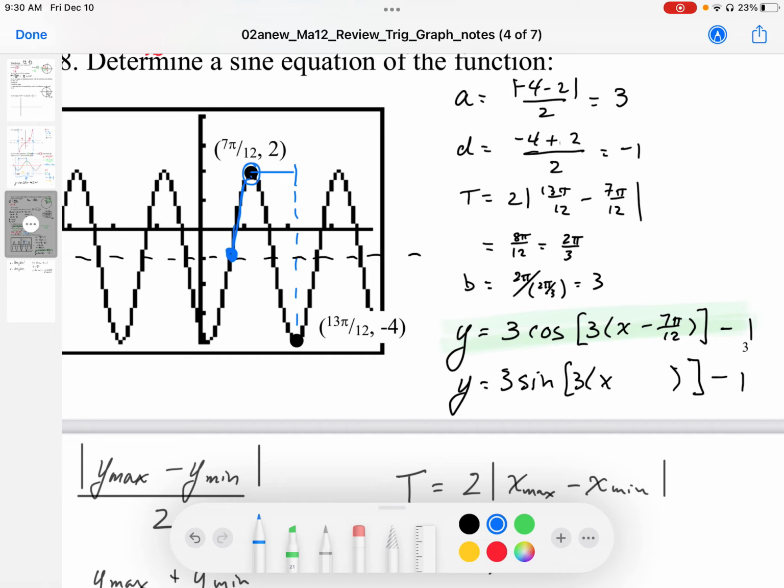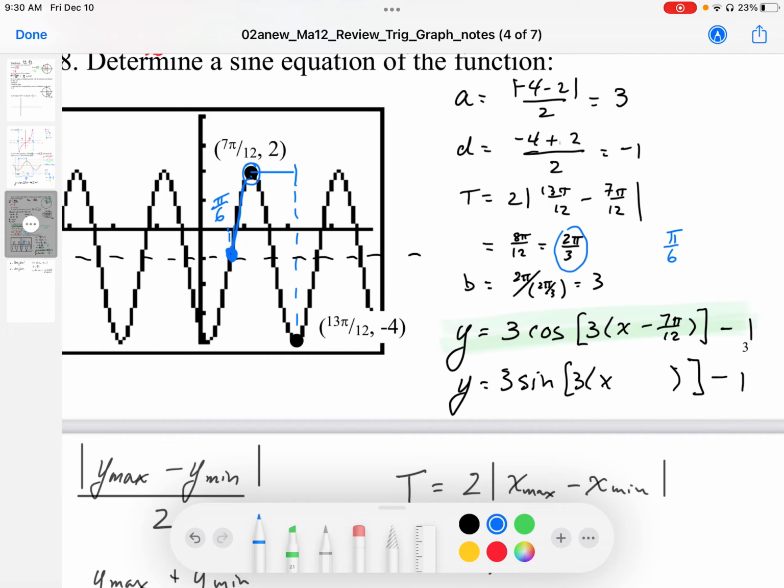So if I calculate 1/4 of a period, well, the period is 2 pi over 3, and if I want 1/4 of that, I get 2 pi over 12, which simplifies to pi over 6. So the horizontal location of that is pi over 6.